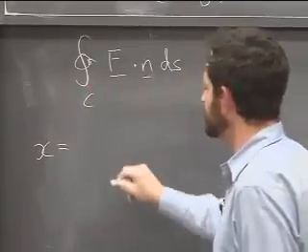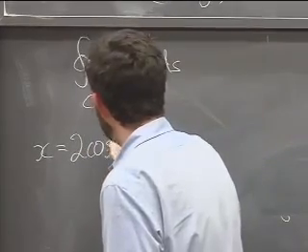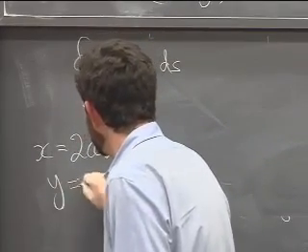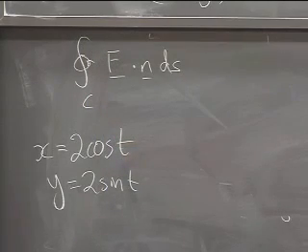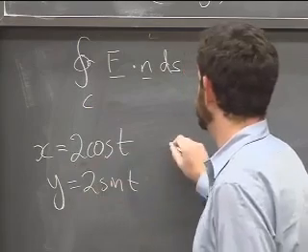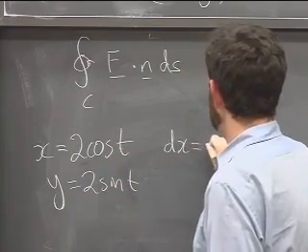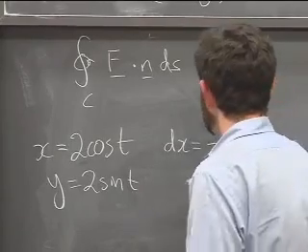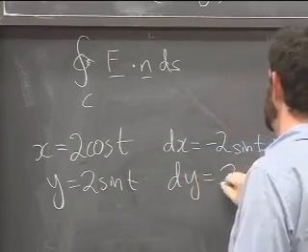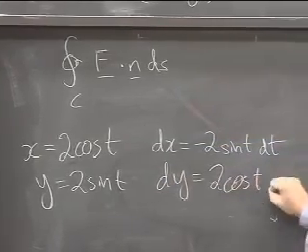For the circle, the easiest thing to do is let x is 2 cosine t and y is 2 sine t. Standard polar coordinates, but the radius is 2. So dx is minus 2 sine t dt, and dy is 2 cosine t dt.